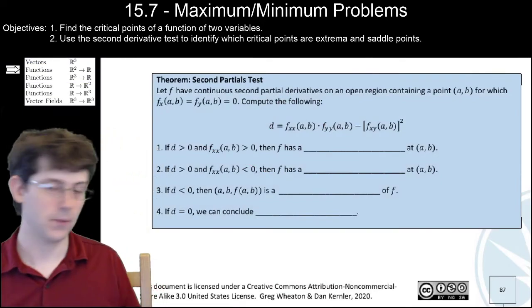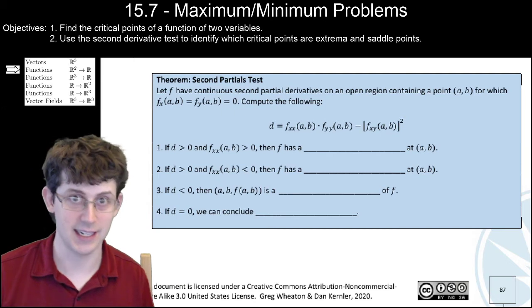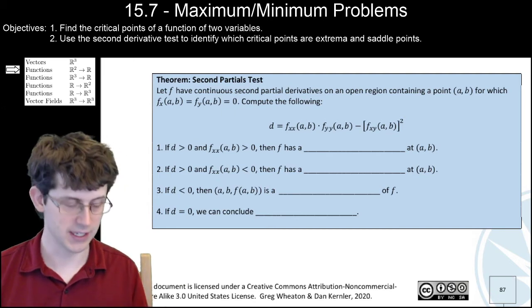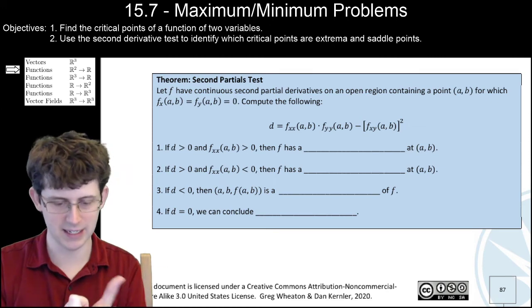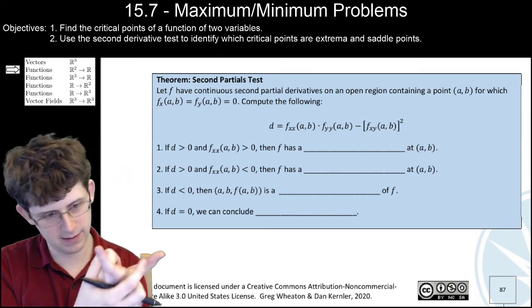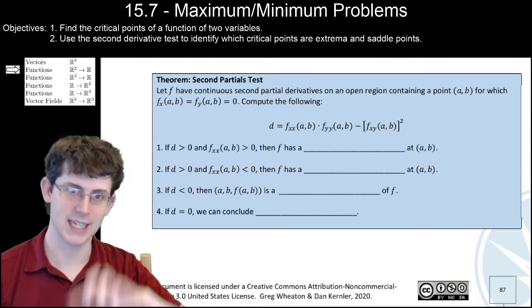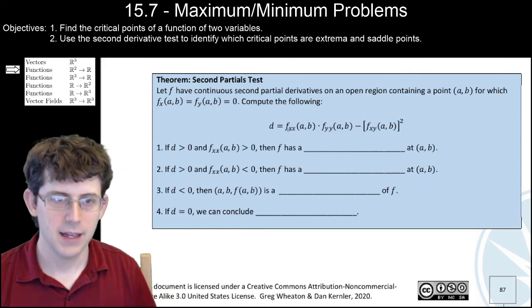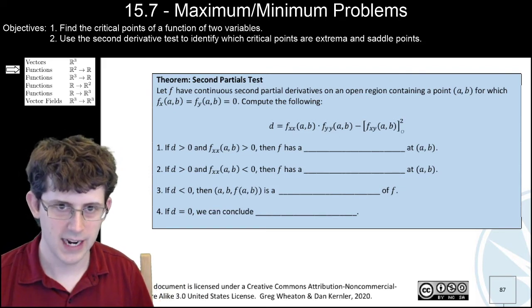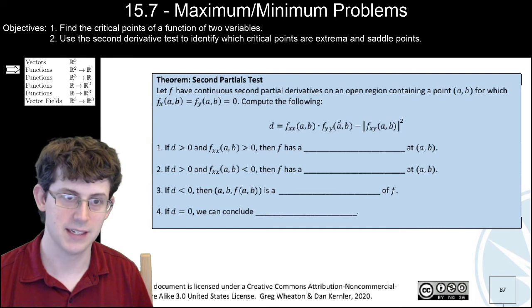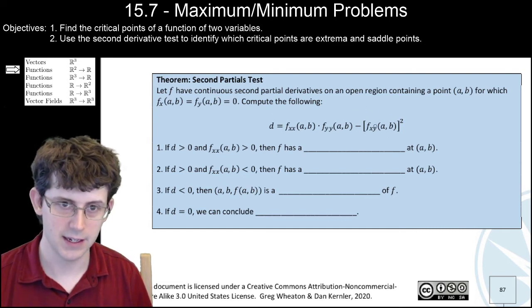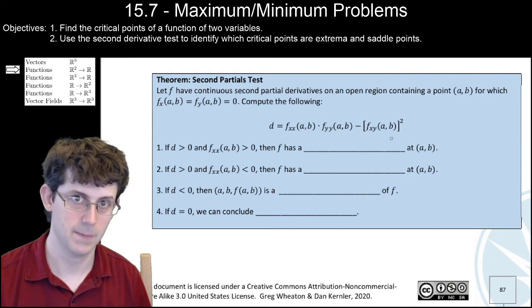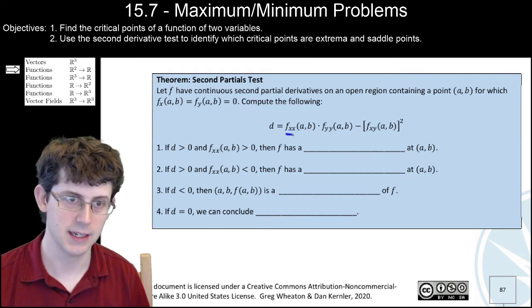Okay, so the second partials test says, let's use the second partial derivatives to see if something is a minimum, a maximum, or a saddle. To make sense out of this discriminant, for now ignore the fxy term and just imagine what happens with fxx and fyy.